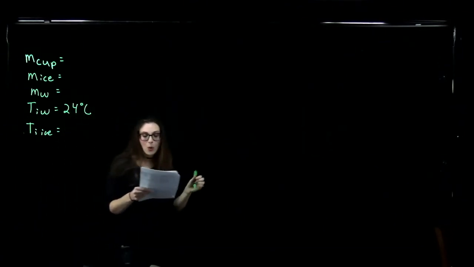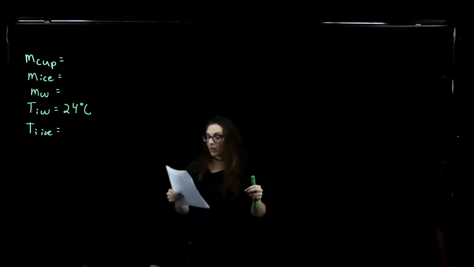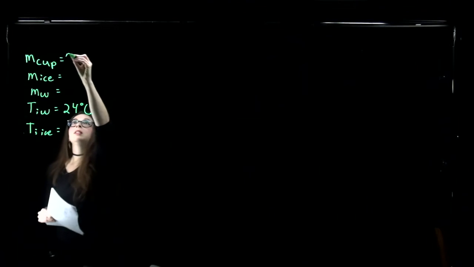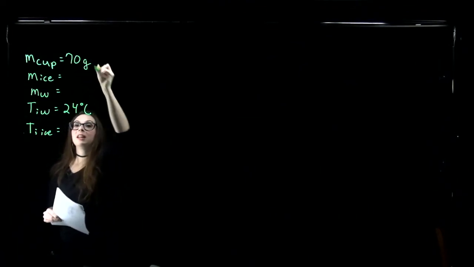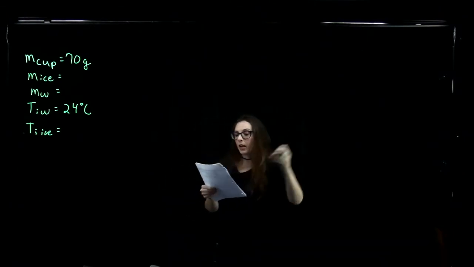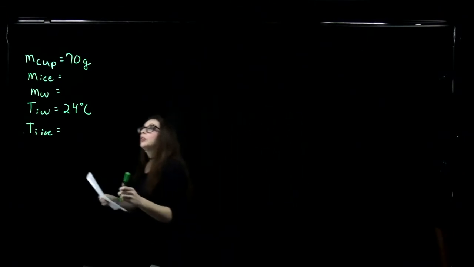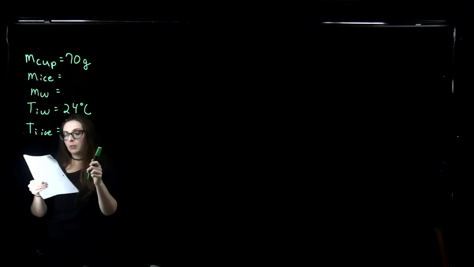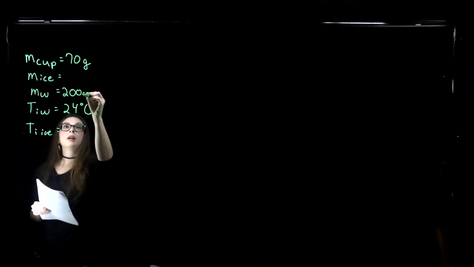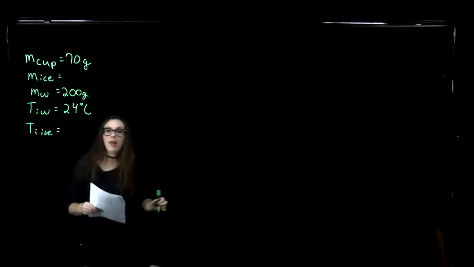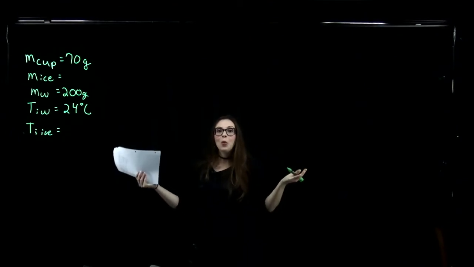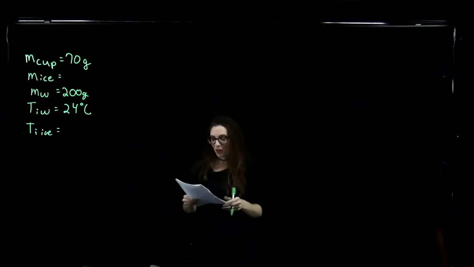We've got an aluminum cup with a mass of 70 grams, 70 kilograms would be a big cup, filled with 200 grams of water. That's the mass of my water, 200 grams, and that water is also at 24 degrees Celsius. So the cup and the water have both achieved room temperature.